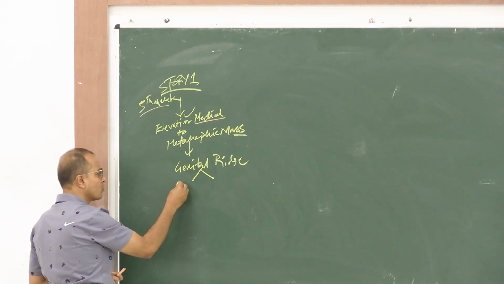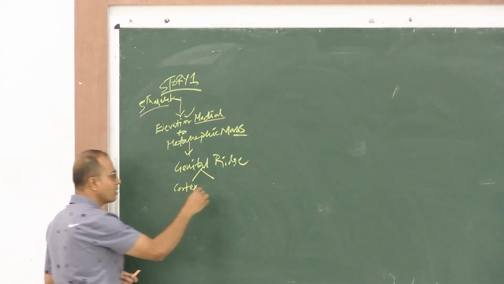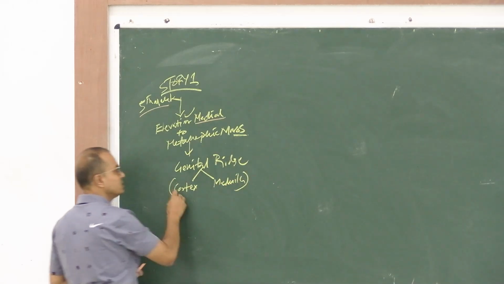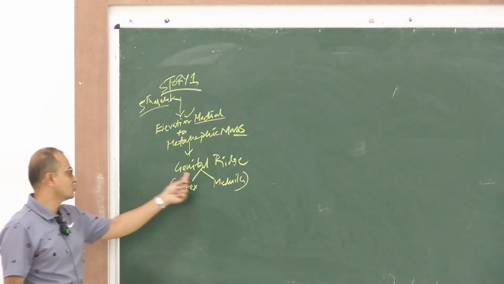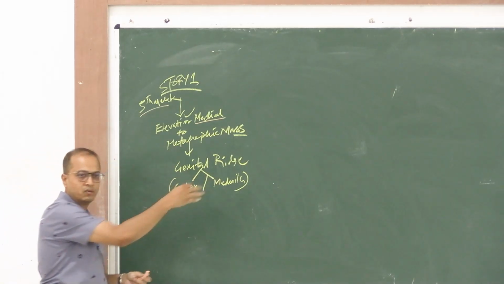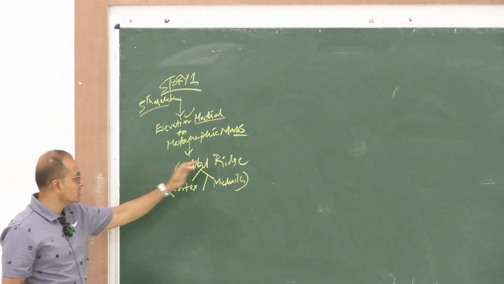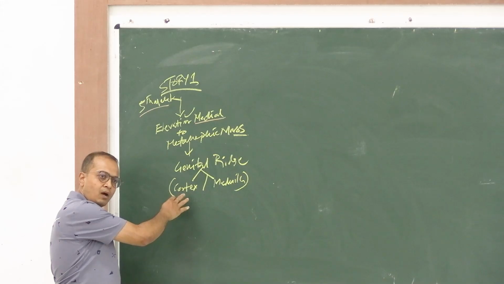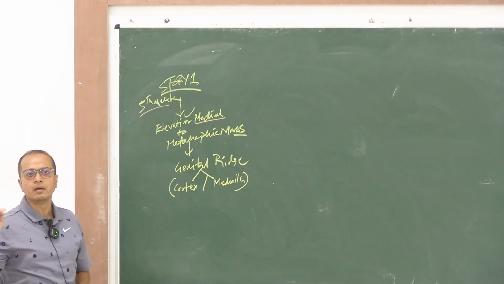The outer part we call the cortex, and the deeper part we call the medulla. So, this genital ridge is a bump or elevation which has 2 parts, cortex and medulla. Now, what happens next within this genital ridge, from the cortex on the outer side to the inner side, is a development of finger-like projections.